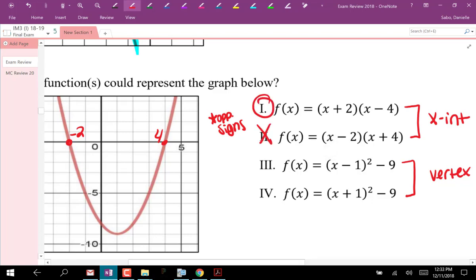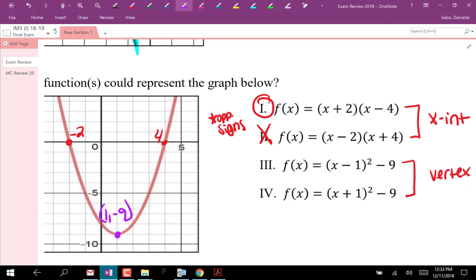Okay, now we're going to break it up into the next group and see what the vertex is. In purple, what is this vertex? What comma what? Good. 1 comma -9. If you look at your answer choices, they both have -9, so that's easy. But whenever you're working with parentheses, like we did above, it's the opposite sign.